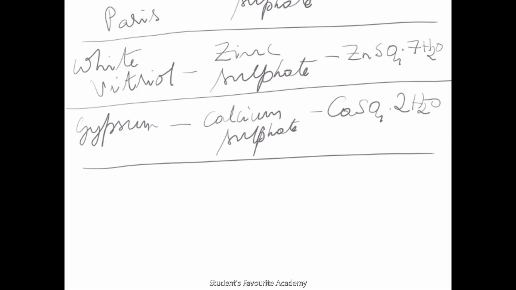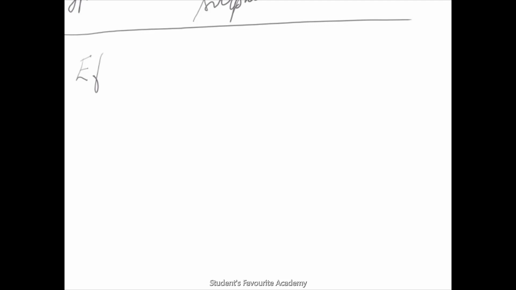Then you have to learn another term called efflorescence. As a definition, it is very important. Now, what is efflorescence? Efflorescence is a property of some salts to lose wholly or partially, that is completely or incompletely, their water of crystallization when their crystals are exposed to dry air even for a short time.